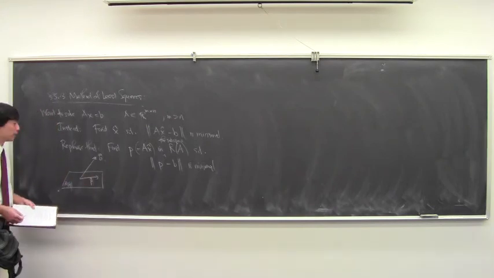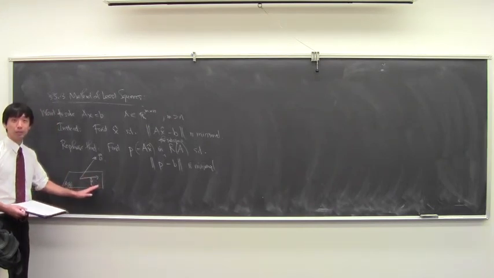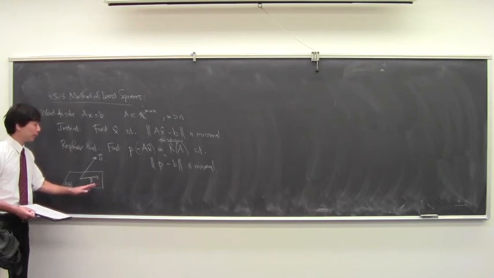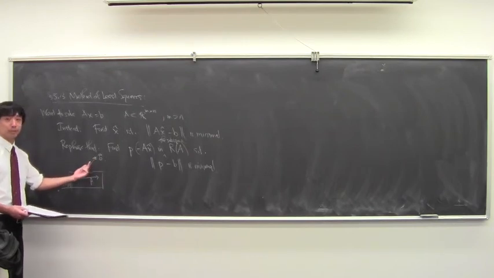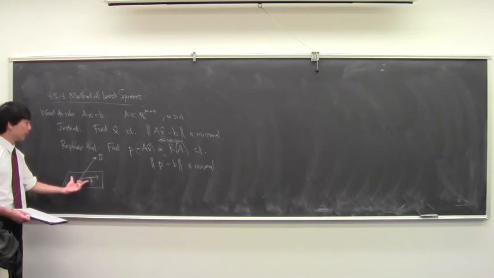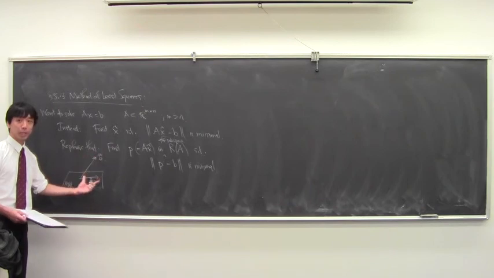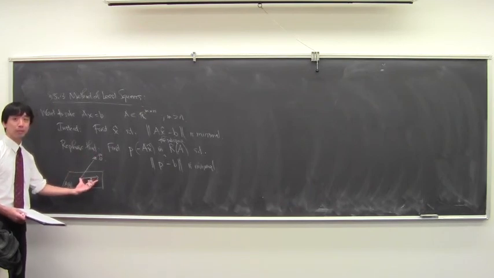And we have this theorem that says what you think is true is true: the p in here is the one you get when you project this thing perpendicularly down. What guy in this subspace is closest to b? It'll be the perpendicular projection of b down onto the space.